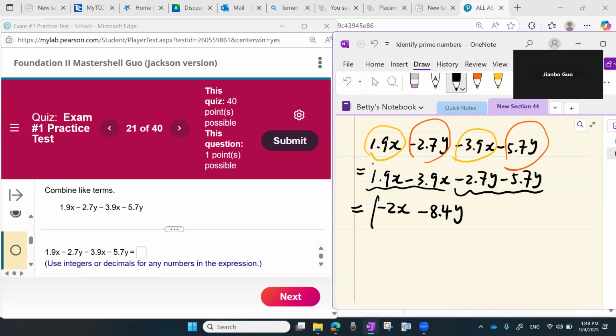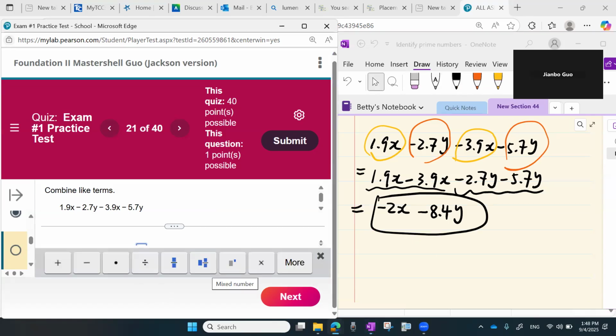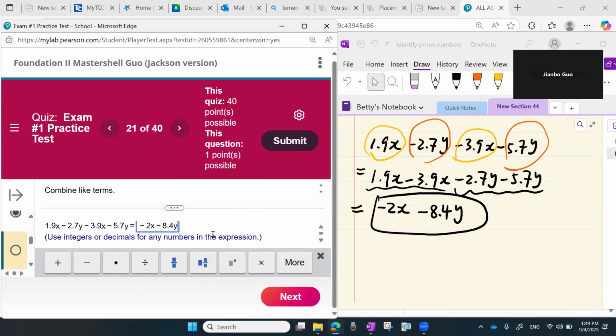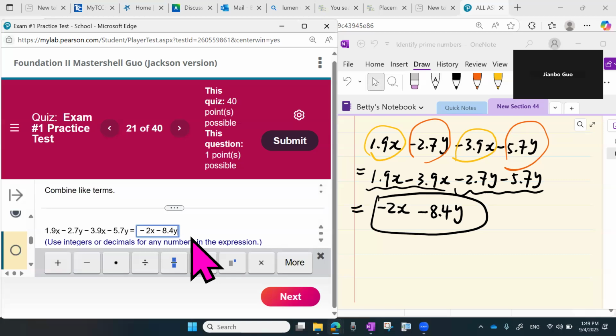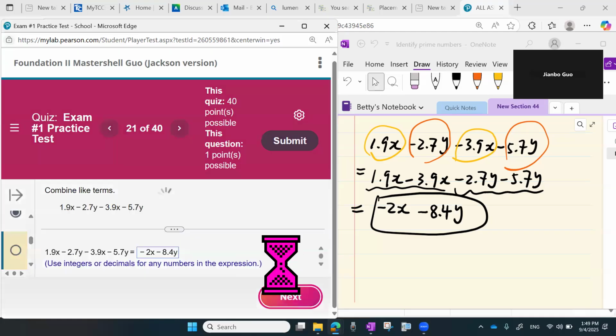So that's the answer: negative 2x minus 8.4y. Please always double check your entry, because all that matters is what you have in the cell. Negative 2x minus 8.4y, right?